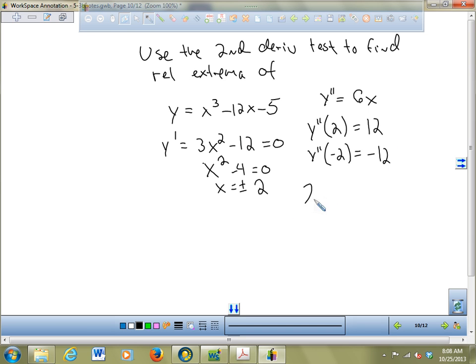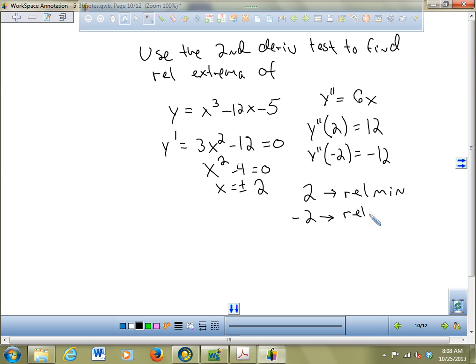At 2 comma something, since the derivative is 0 and the second derivative is positive, I have a relative minimum. And at negative 2, what do I have?